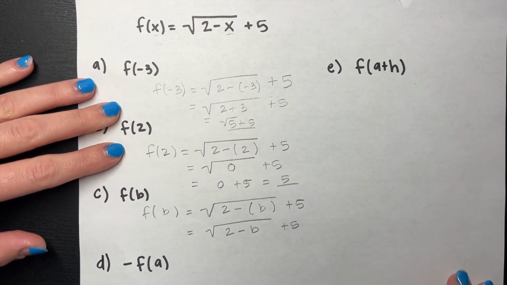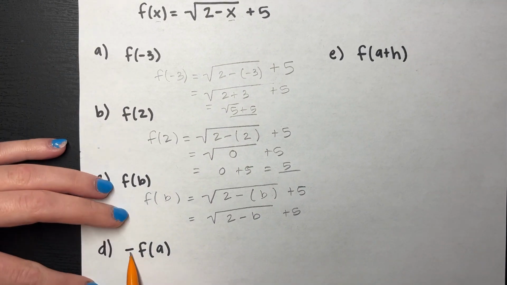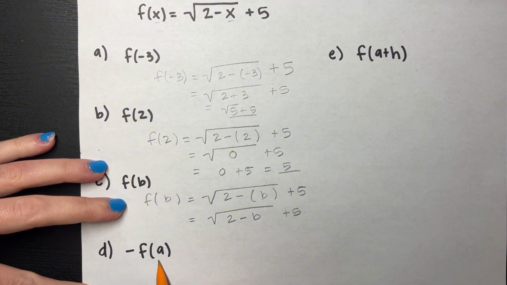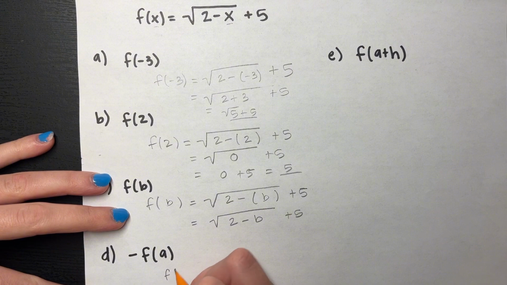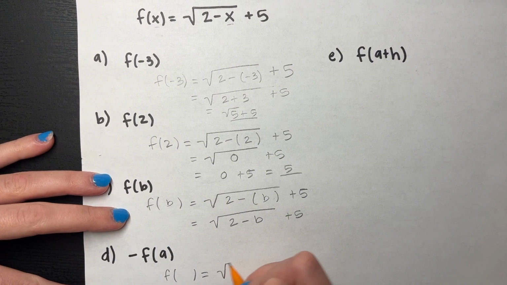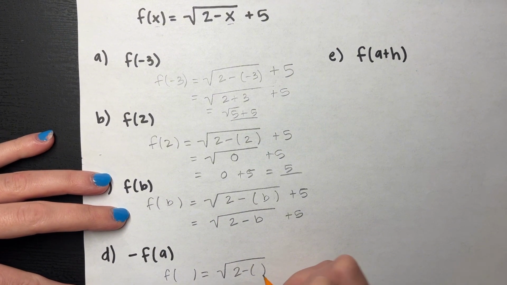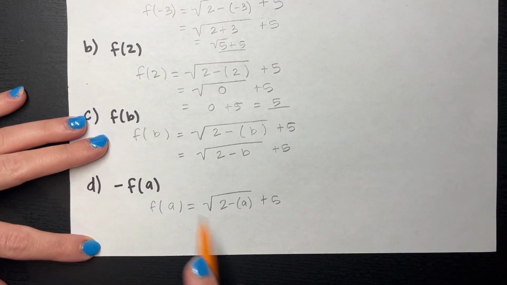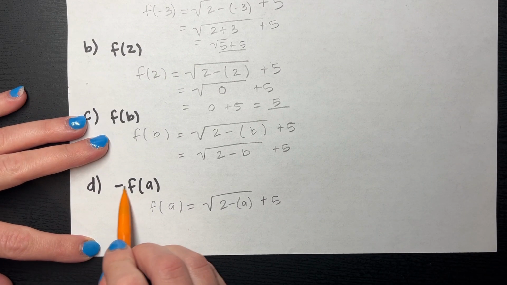Now, this next one's kind of interesting. We haven't really dealt with that before. So first, let's go ahead and write our a, or fill in our a. So we'll start with our gaps. Then we've got 2 minus another parenthesis gap plus 5. So we know we plug in our a into those spots, and then our whole function, we're going to make a negative.